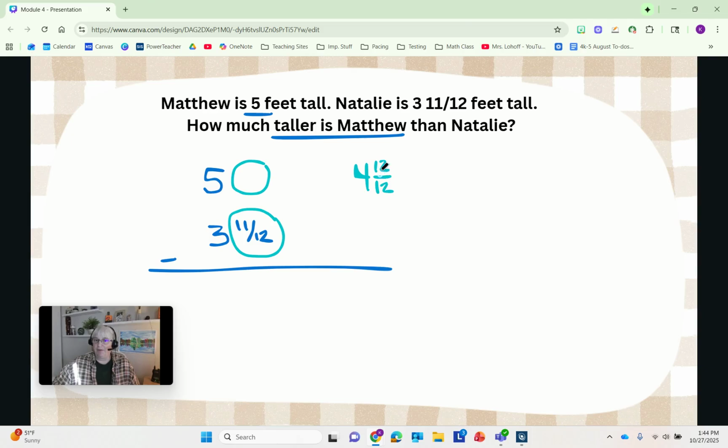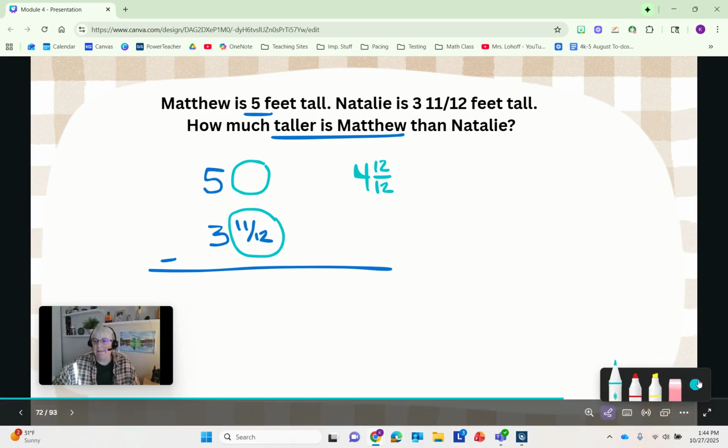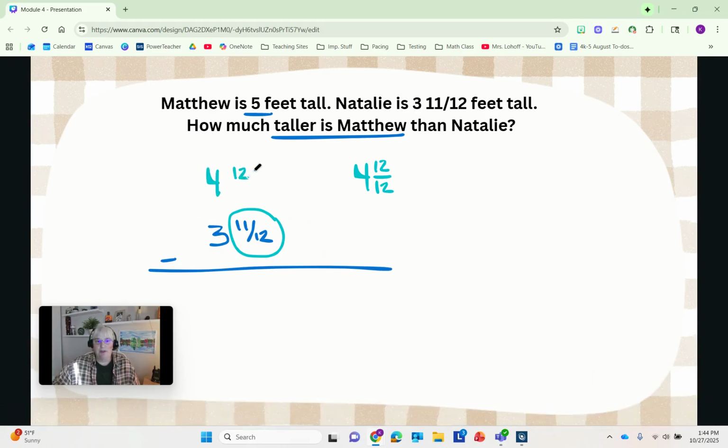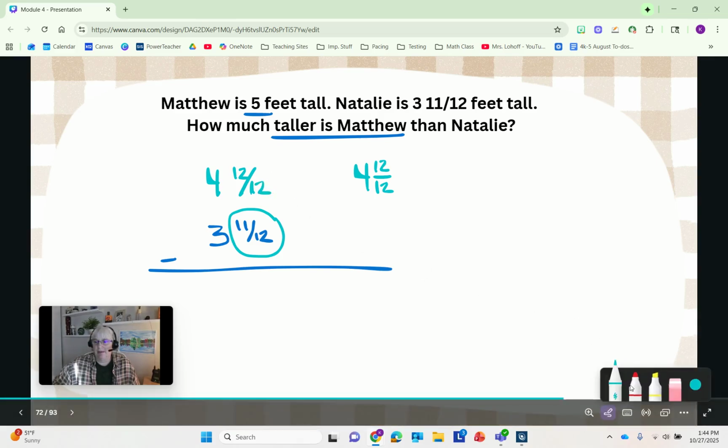Right? Because 12/12 is an additional whole, and when that one whole is added to 4, it becomes 5. So let me rewrite that. This would be 4 and 12/12.